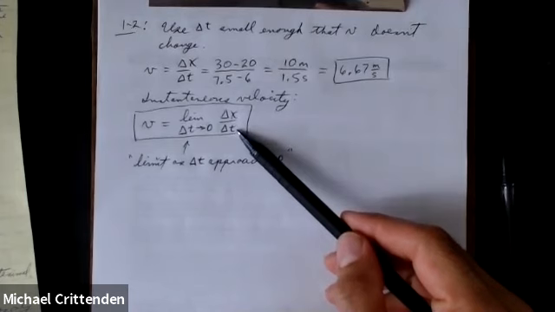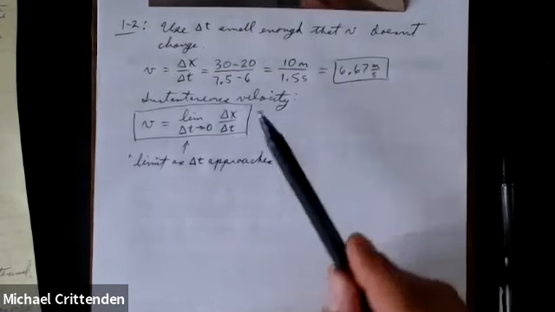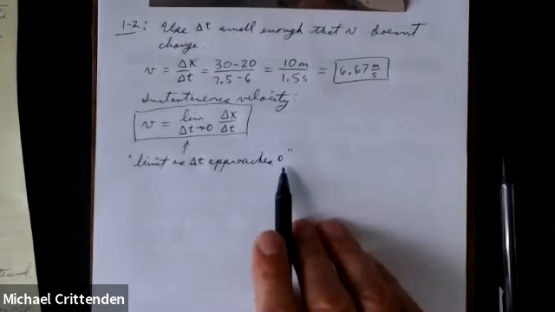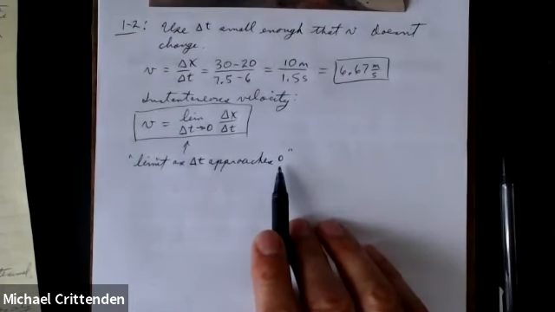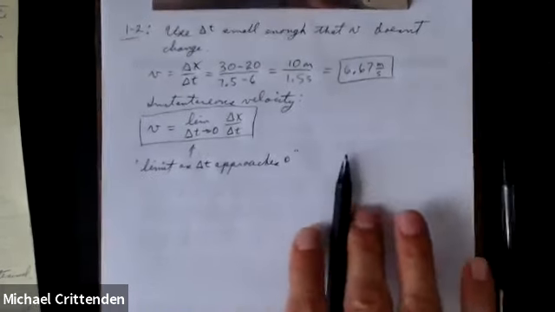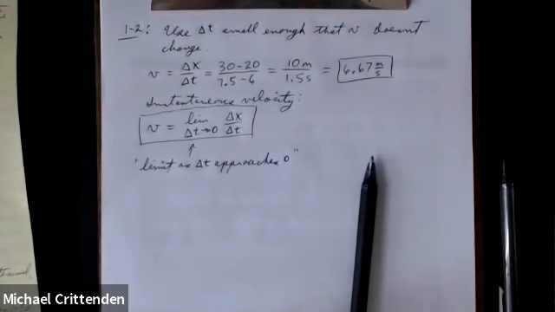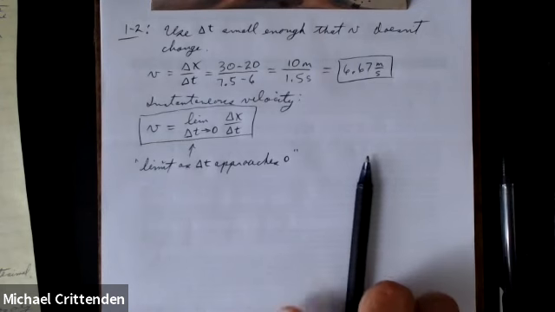So you want to divide by delta t. Delta t is not 0. You imagine delta t collapsing onto the point on the graph that you're interested in. So as it shrinks, delta t approaches 0, but it's not 0. It's really, really small and getting smaller all the time.